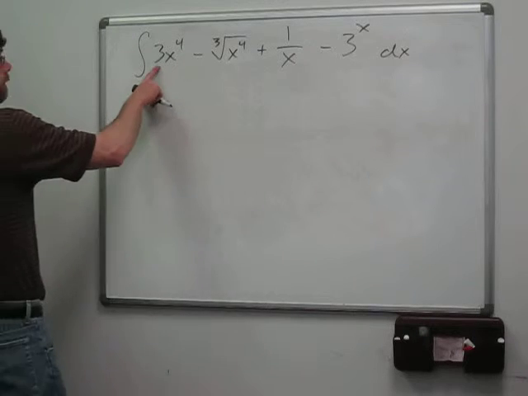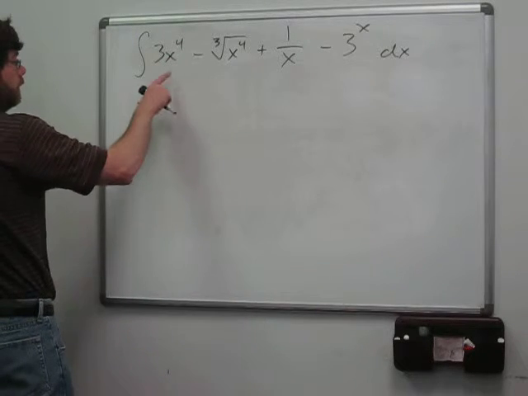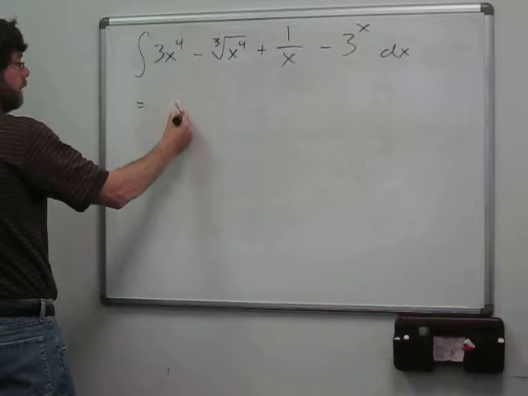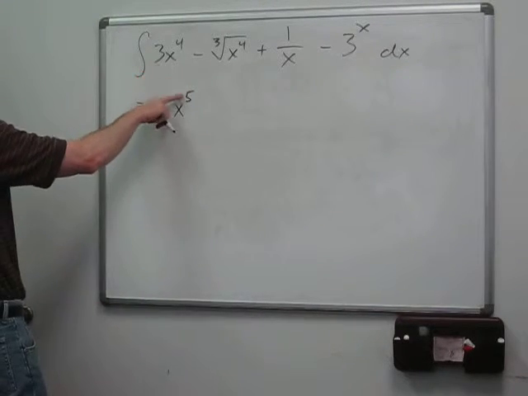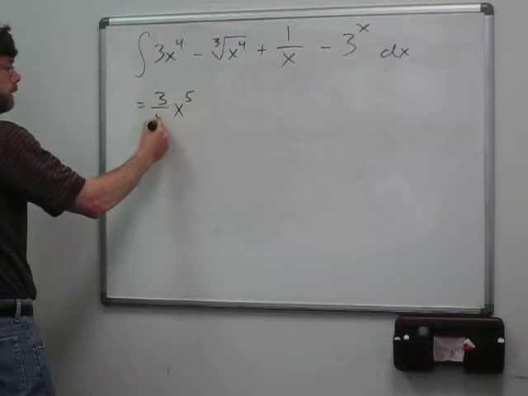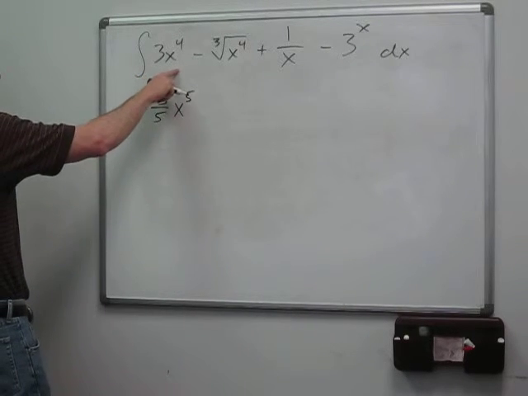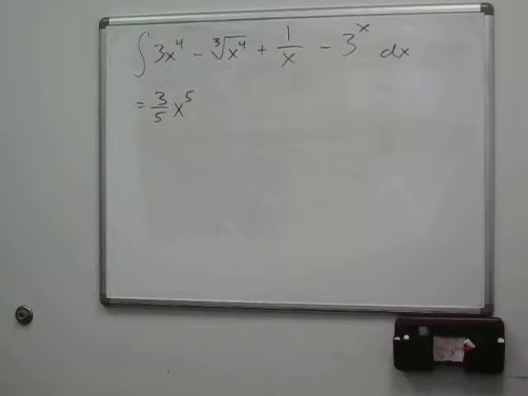So for this first term, straightforward power rule, we want to add 1 to the power, so that's x to the 5th. Divide the coefficient by the new power. So the antiderivative of this term is going to be 3/5 x to the 5th.